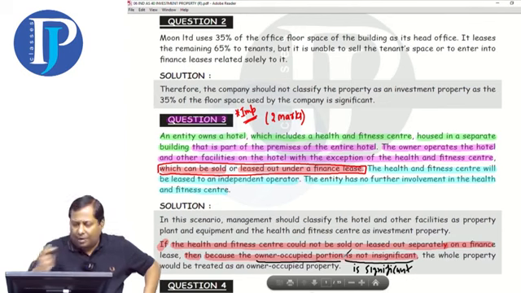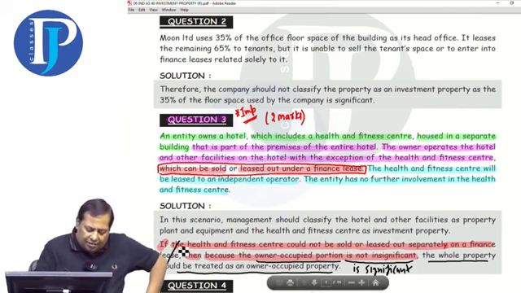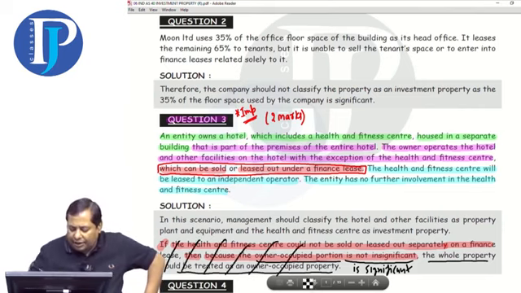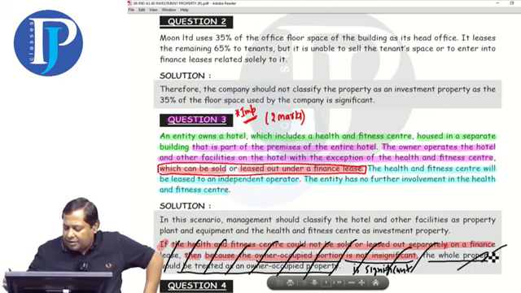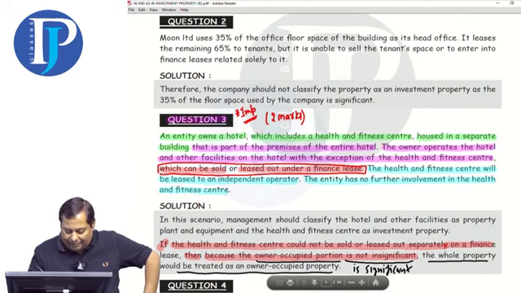It's your significant portion, so you'll apply Ind AS 16 there. The other name of owner-occupied property is PPE, Ind AS 16. So that's why I was saying that this is not even a question's requirement. I have already explained. So, let's move further.